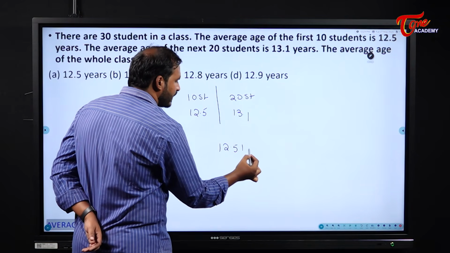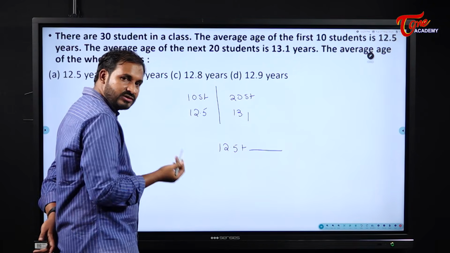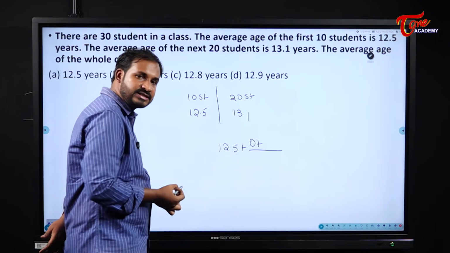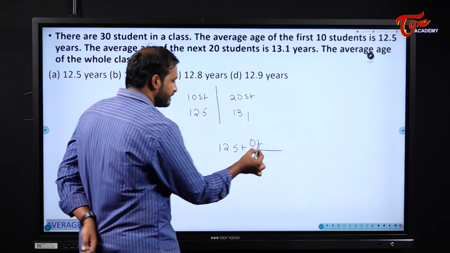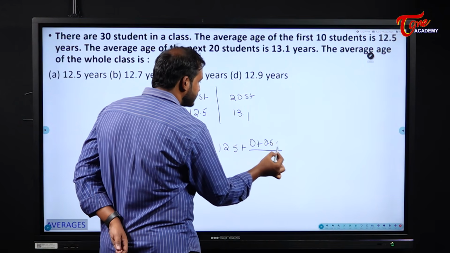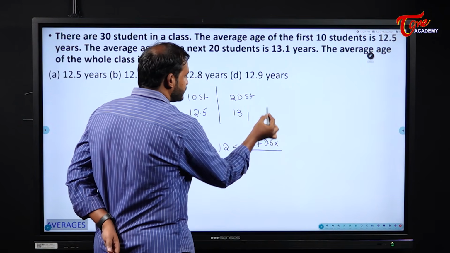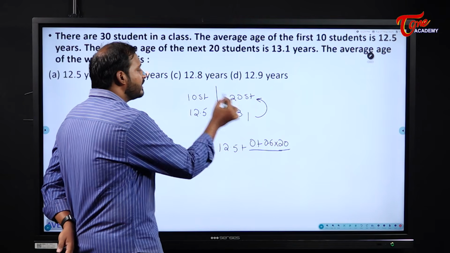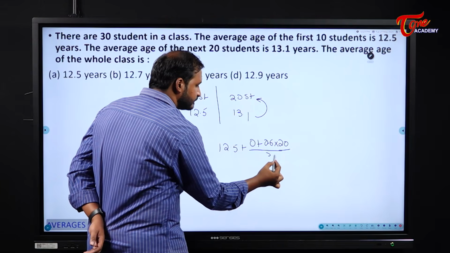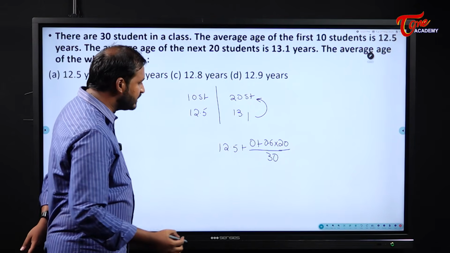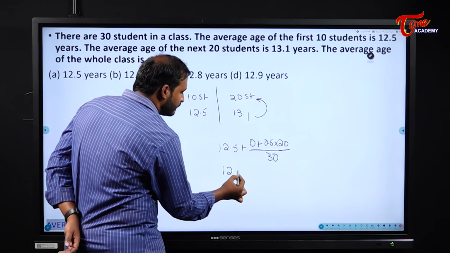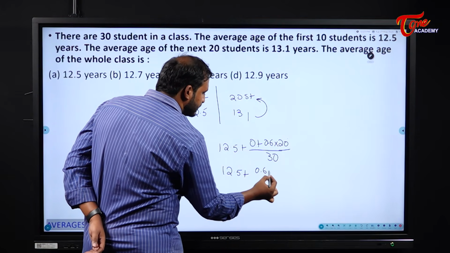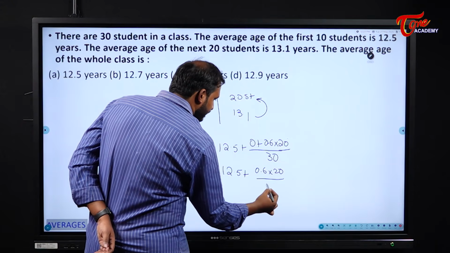What is the minimum with every student? 12.5 plus, when it comes to the first group, no change, 0. When it comes to the second group, they have an excess of 0.6 with 20 students. So 0.6 into 20 by the total number of students, which is 30. So 12.5 plus 0.6 into 20 by 30.